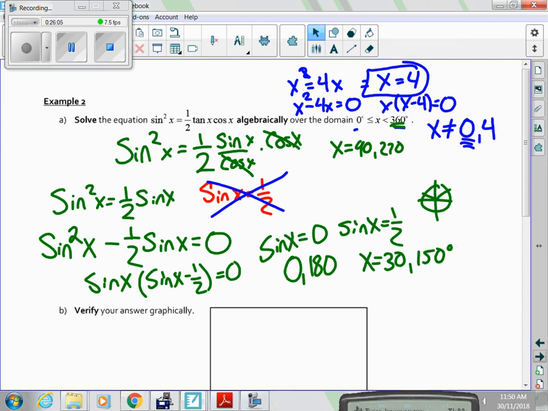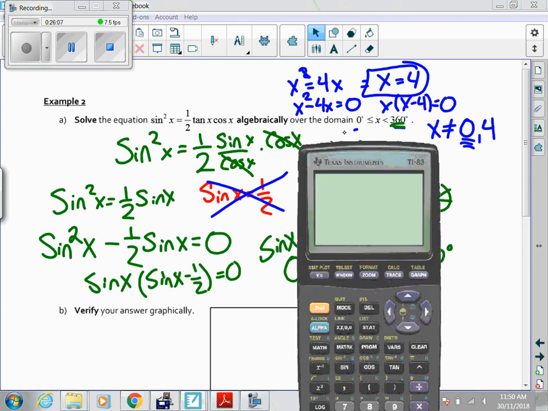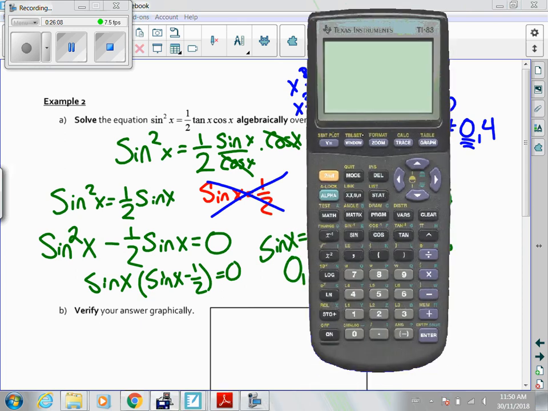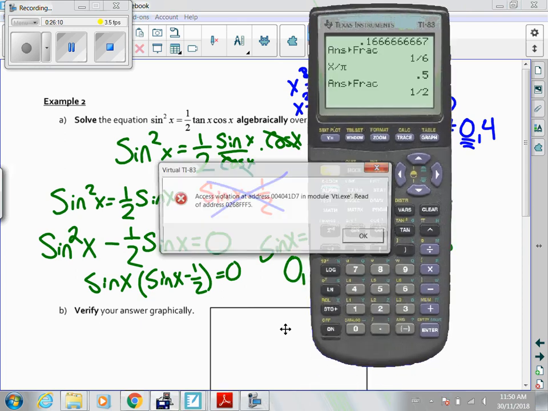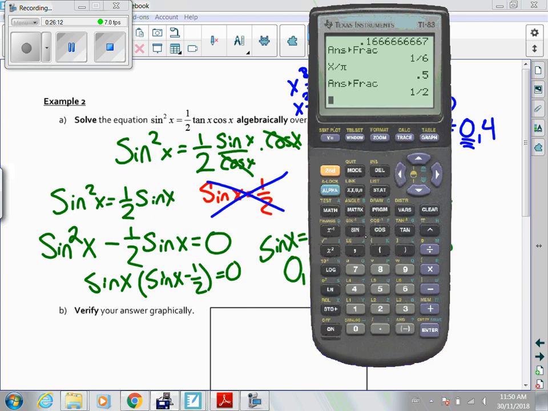And now again, checking this graphically, what I'm going to do is go into here. Y equals, and remember, when we write sine squared x, that's just us being lazy. What we really mean is, let's delete the rest of that there, equals 1/2.